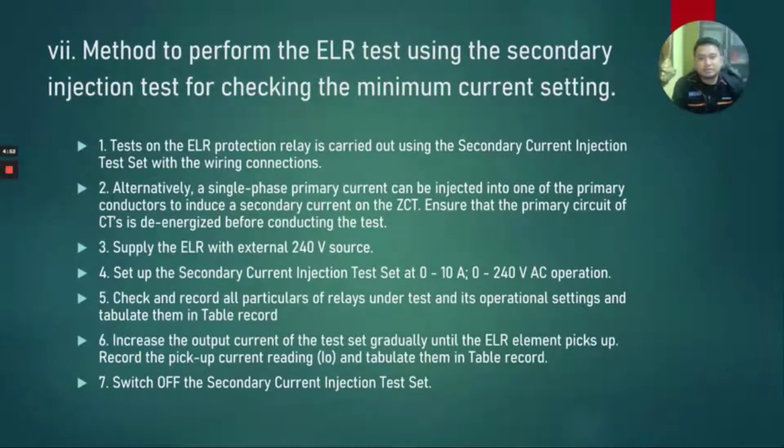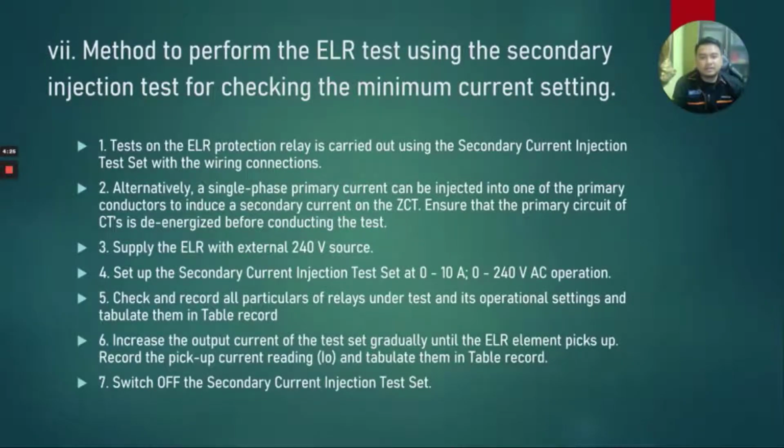Okay, for the method to perform the earth leakage relay test using the secondary injection test for checking the minimum current setting. First, the test on the earth leakage relay protection relay is carried out using the secondary current injection test set with the wiring connections.